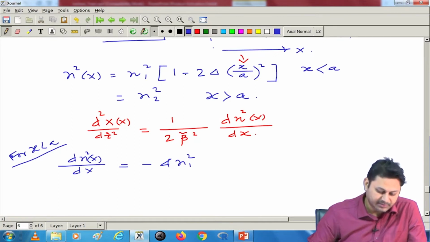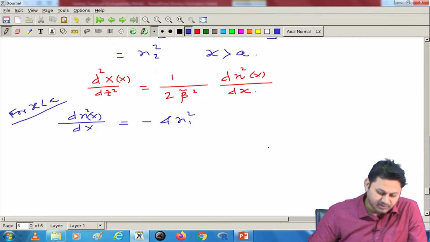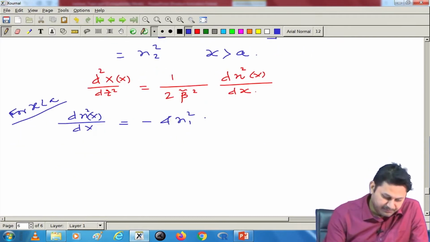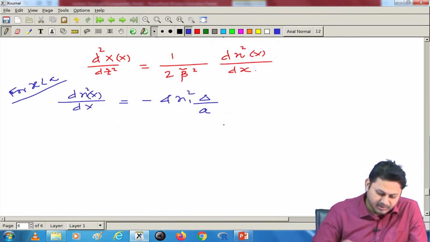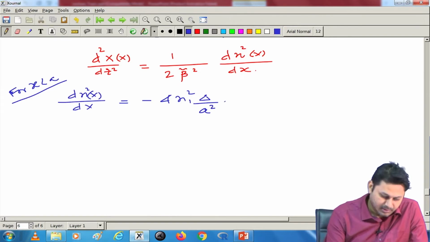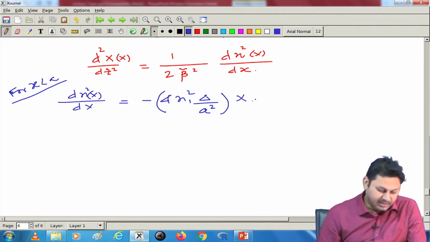So, this is 4, the negative sign is there, n1 square is here, delta is sitting here, a square is also constant. So, it should be simply delta divided by a square, and then this quantity multiplied by x. So, this is a function of x. So, this x will be there.